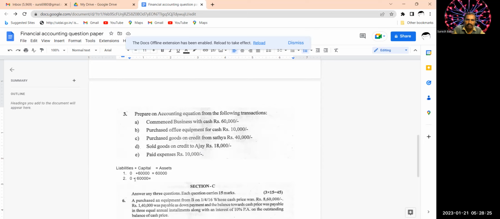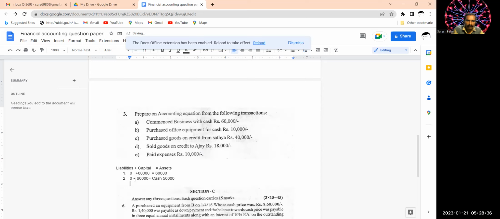There is cash, how much? 60,000. Now you will have cash 50,000 below that. Then you will have one more asset. What is that asset? Office equipment.